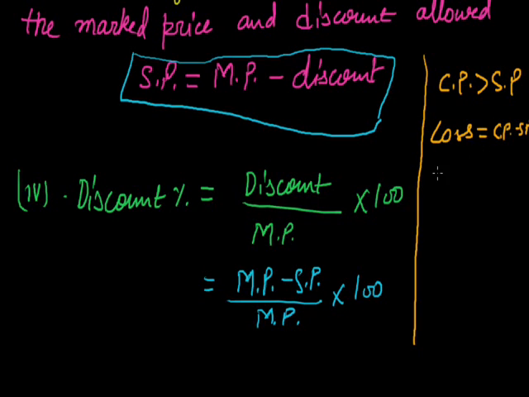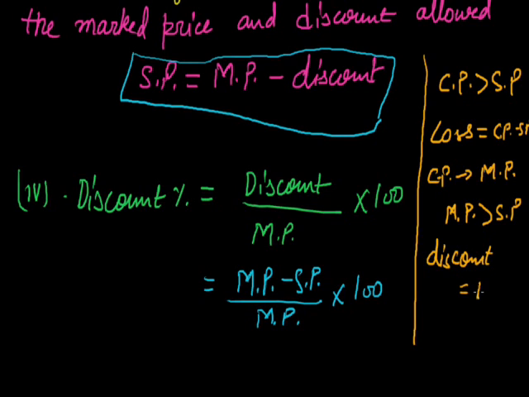Now here, in the place of cost price we have the mark price, and when we give the discount, the mark price will be greater than the selling price. Therefore, to calculate the discount, we subtract the selling price from the mark price.